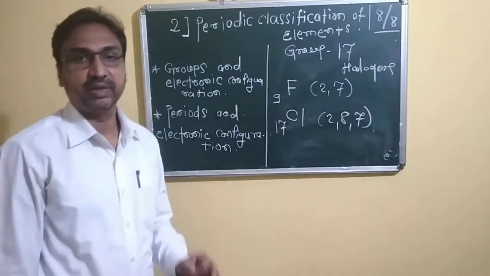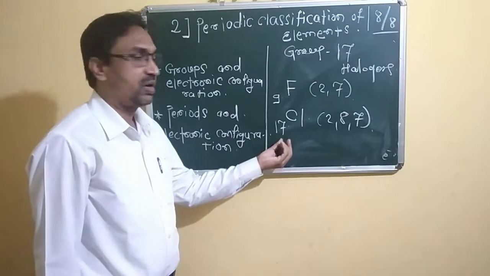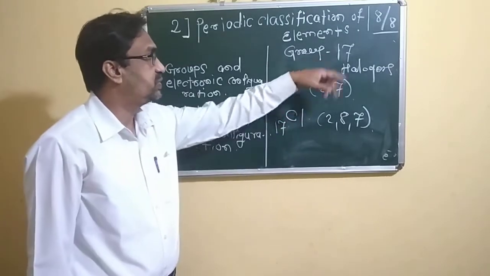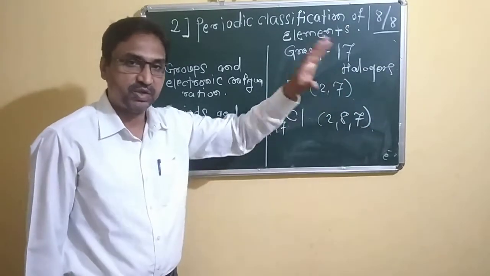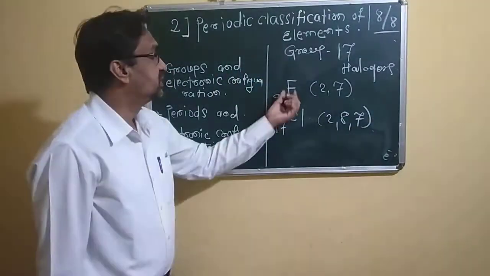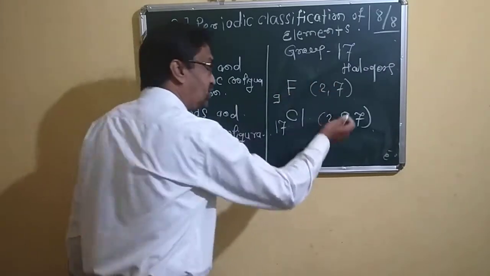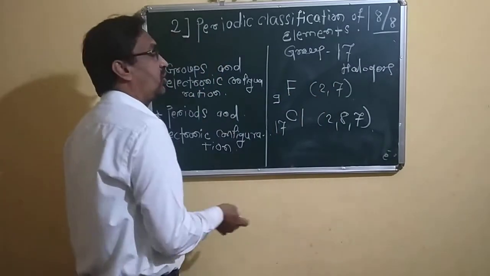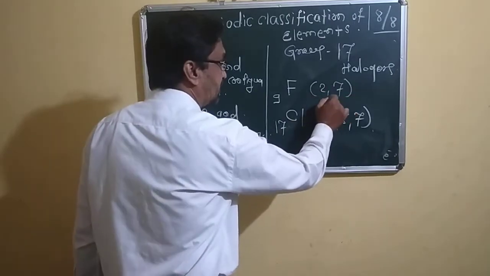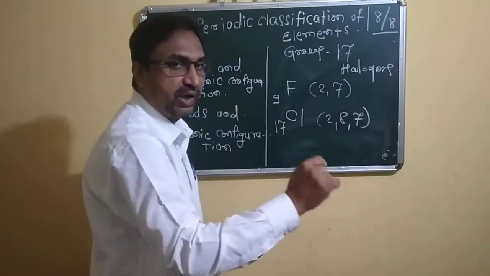The same thing happens there. We have to write down the atomic numbers of the elements of group 17, the halogens. Their electronic configurations are like this: 2, 7; 2, 8, 7; 2, 8, 18, 7; and so on.